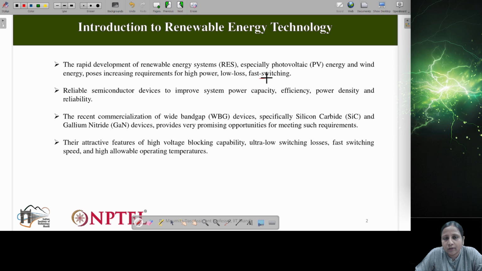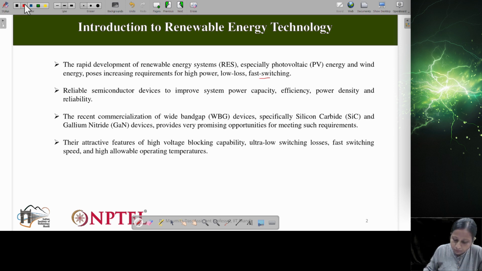So what power level is generally expected for wide bandgap device applications in renewable energy sources? What kind of power level are we focusing on? Let's take an example of a solar PV based system. There are different power categories, right?